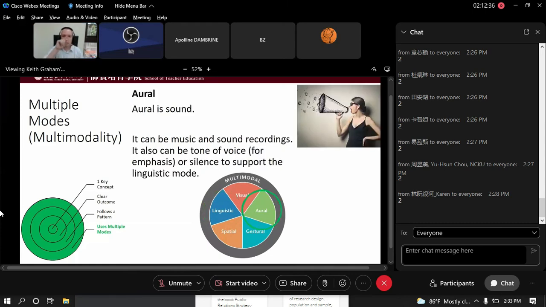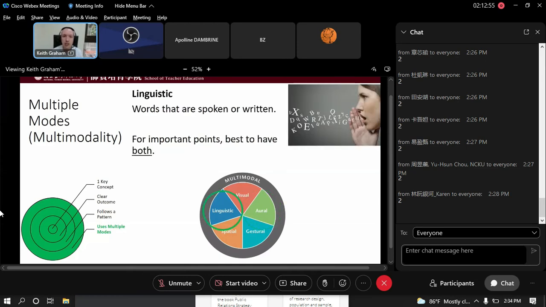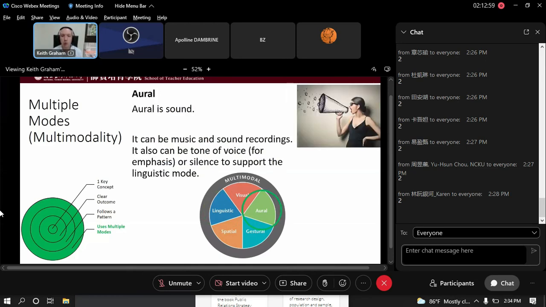I want to skip over our graphic and go to the oral mode because students often get confused with the linguistic and the oral. So oral is about sound, and you may be thinking, oh, well, isn't speaking sound? Well, yes, it is. But we typically keep speaking with the linguistic. In the oral, we're talking more about what we do with that sound.